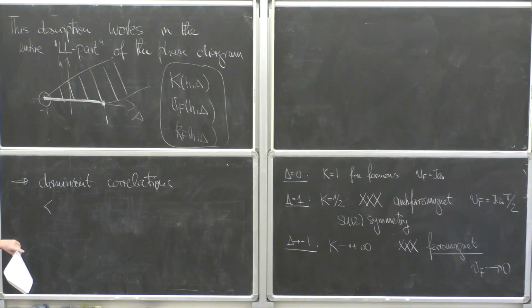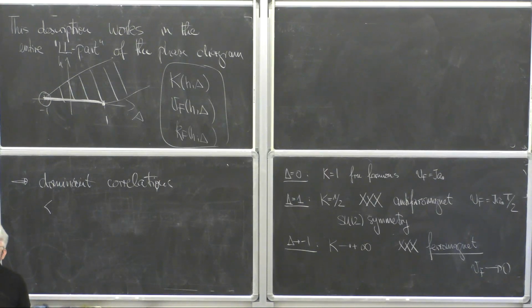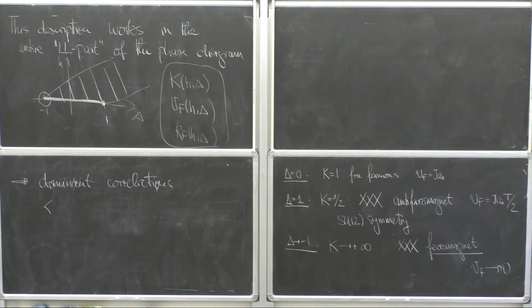That tells you what is the physical nature of the phase. Sorry? I'm on the line between minus 1 and 1. But I'm discussing the concept of quasi-long-range order.